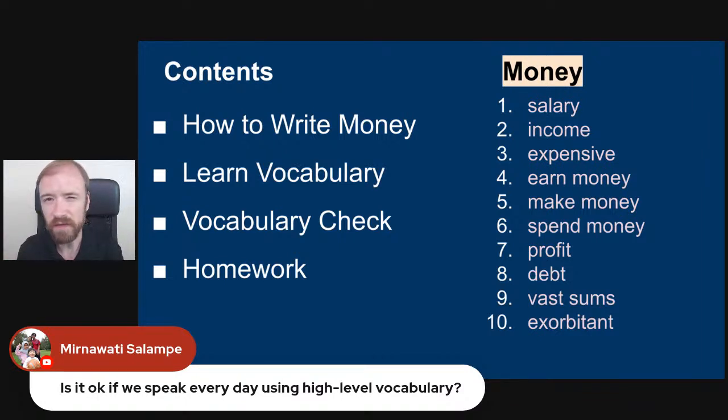Number 7, profit. That's more of a business word with companies. Debt. Everyone has debt. That's casual speaking. Vast sums. That's a little more formal. And exorbitant. That's a big word. Yes, you can use that, but probably not with your friends and family. But you can.